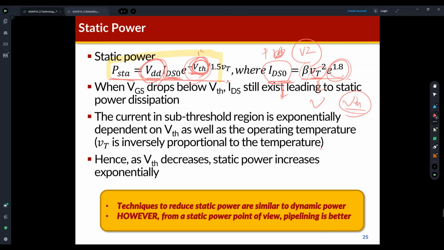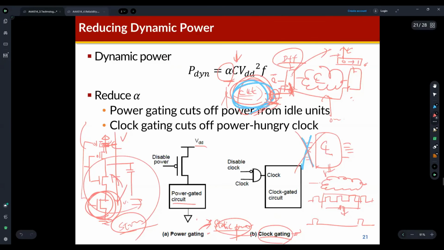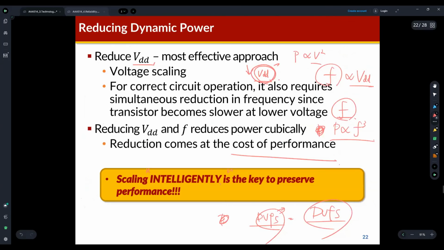I already explained this power gating technology here. Actually, power gating is used for reducing static power because it just cuts this path from VDD to ground. So this technology can be used.